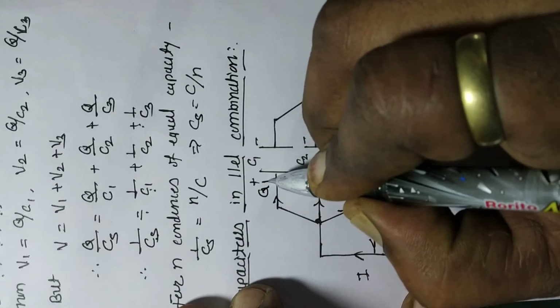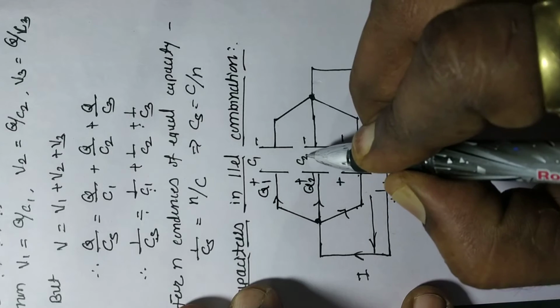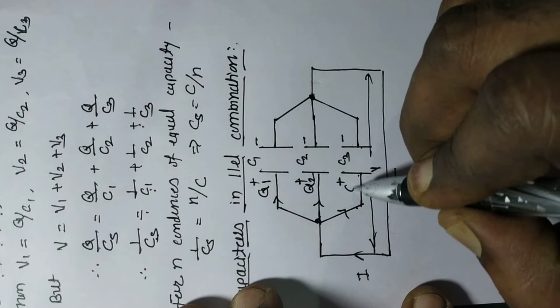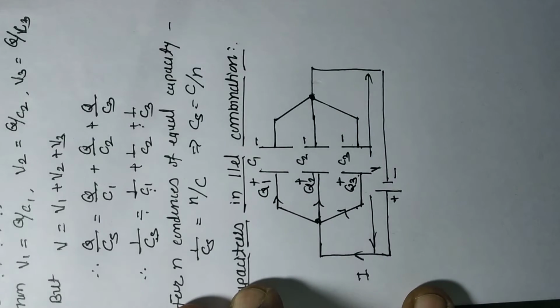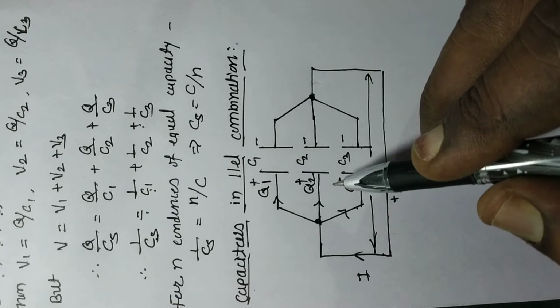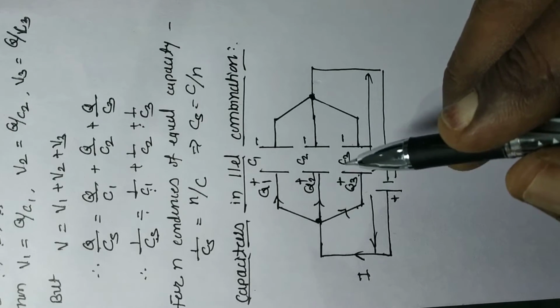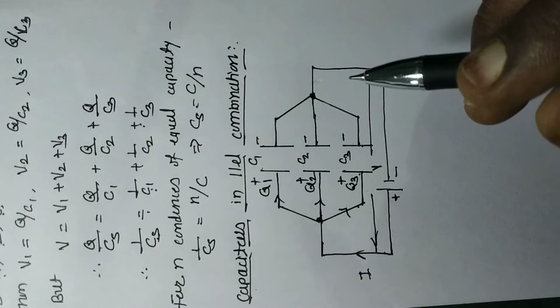Suppose Q1 is the charge on capacitor C1, Q2 on capacitor C2 and Q3 on capacitor C3. As current is different for different capacitors, charges on each capacitor are different.